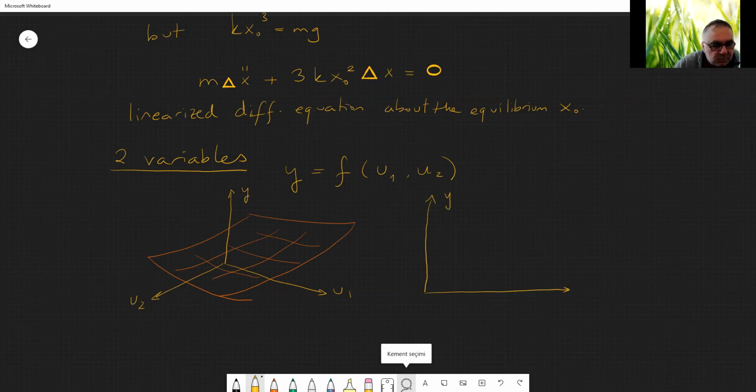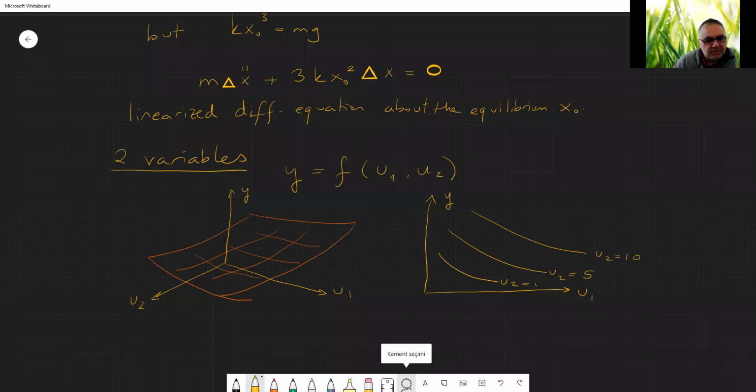In some cases, y versus u1 is shown with different plots like this one: u2 equals 1, u2 equals 5, u2 equals 10, etc. These things are shown in the same plot.